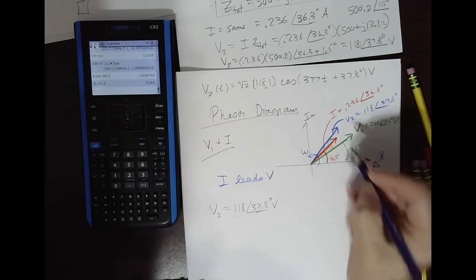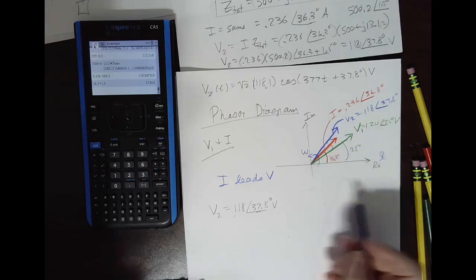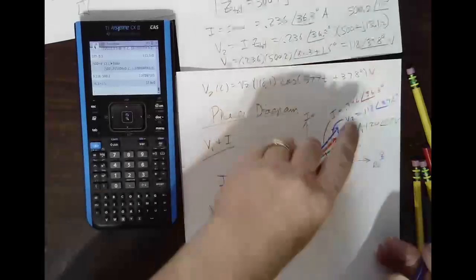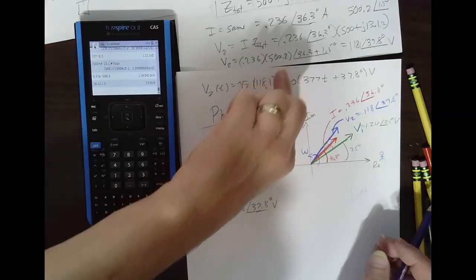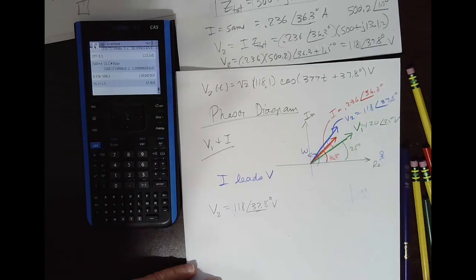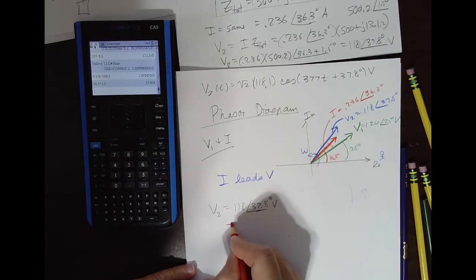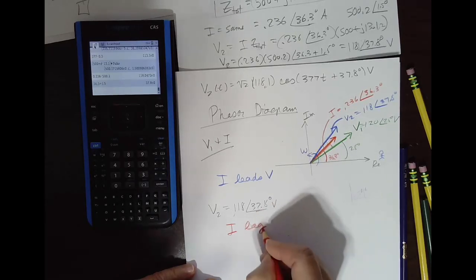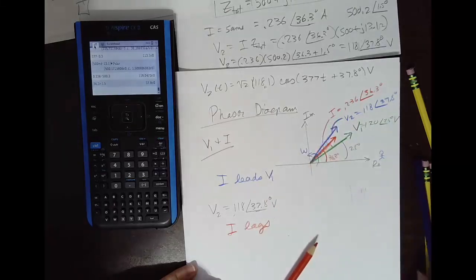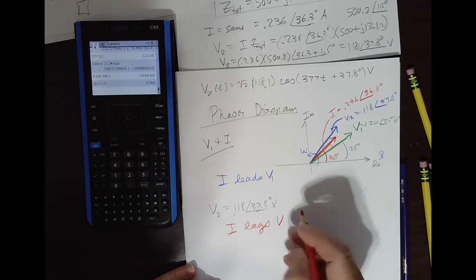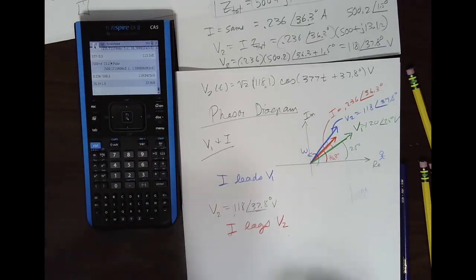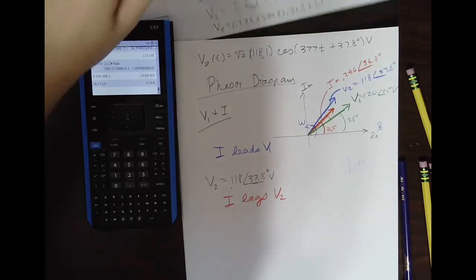Watching them come past, all rotating in sync, V2 comes past, and then I, and then V1. We usually say what the current does with respect to the voltages. So I leads V1, but I lags V2, because I follows behind V2.